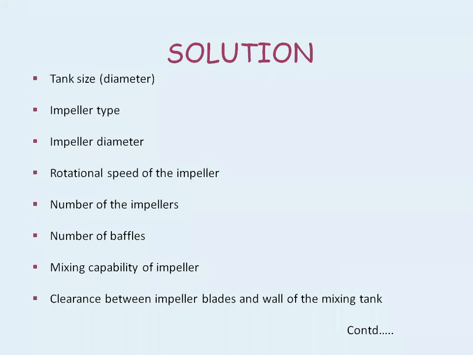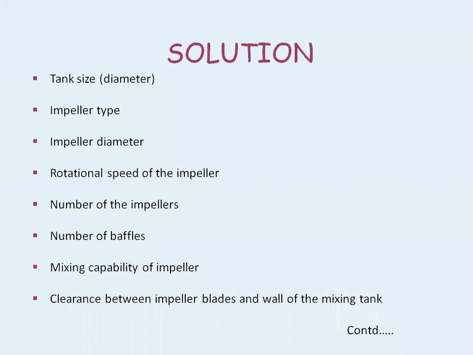For proper mixing, we require an impeller. Impeller means an instrument which we dip into that tank, and it causes a shear. Due to the shear, there is movement of the liquid, and with that we can assure the dissolution. Then the diameter of that impeller is very important.